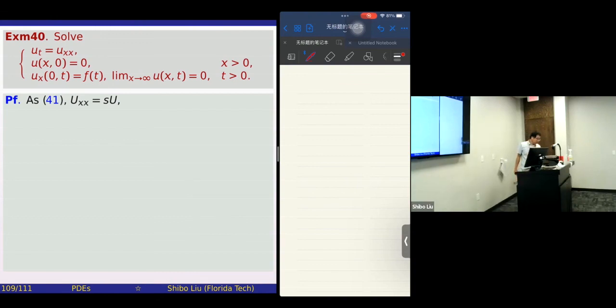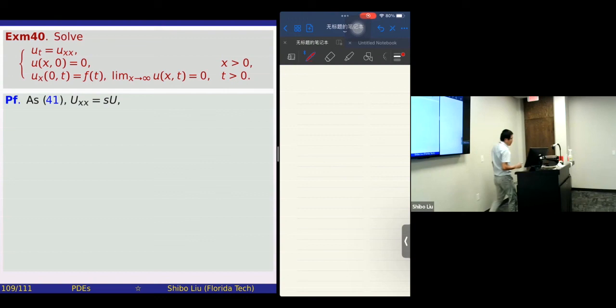Then, of course, we also know u_xx. The equation becomes U_xx equals sU, since u0 is 0 when t equals 0, so the Laplace transform of u_t is sU. And as we have already explained, the Laplace transform of u_xx is capital U_xx. So we obtain this equation.